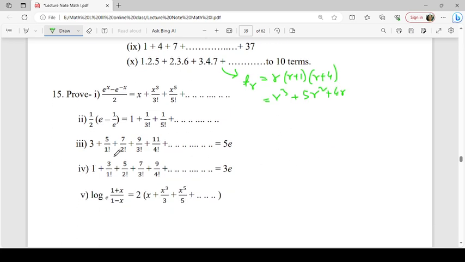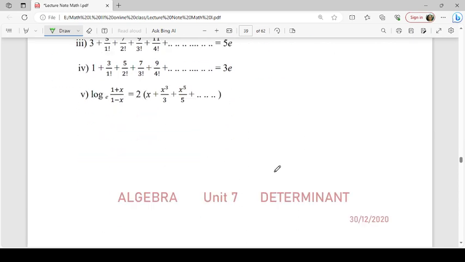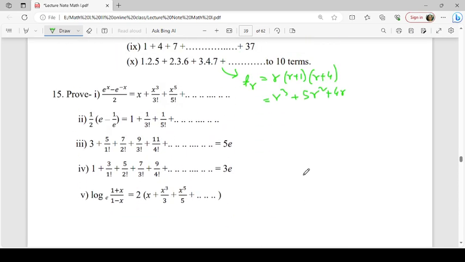Then this is also by deduction. This is 3 by 1 factorial, 5 by 2 factorial. If we consider this one, what should we get?